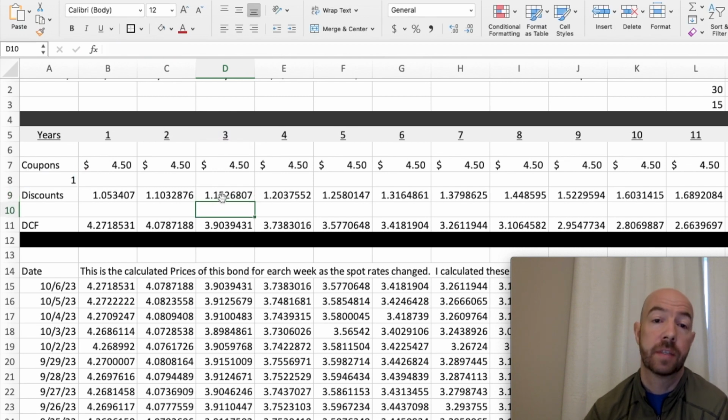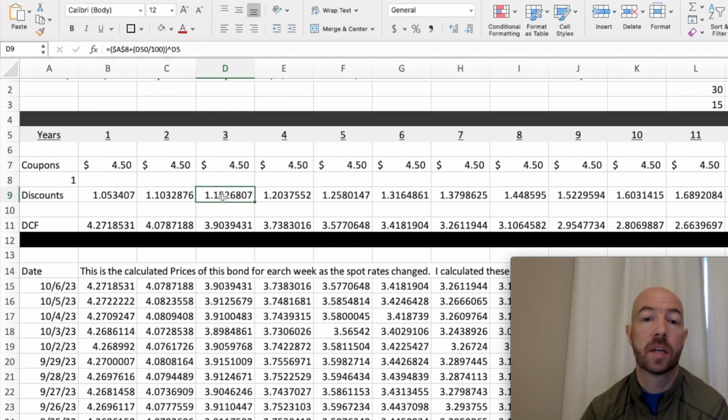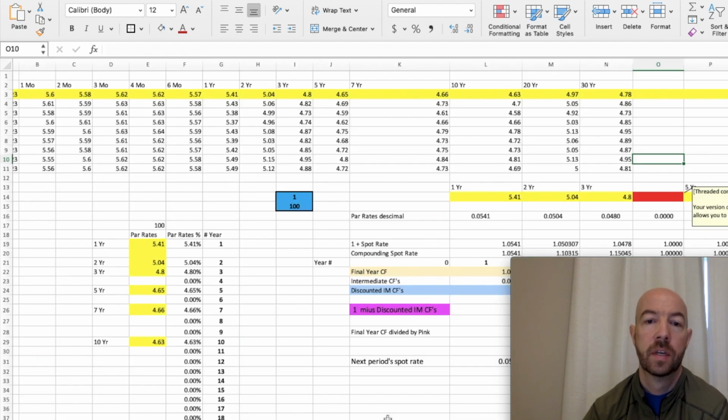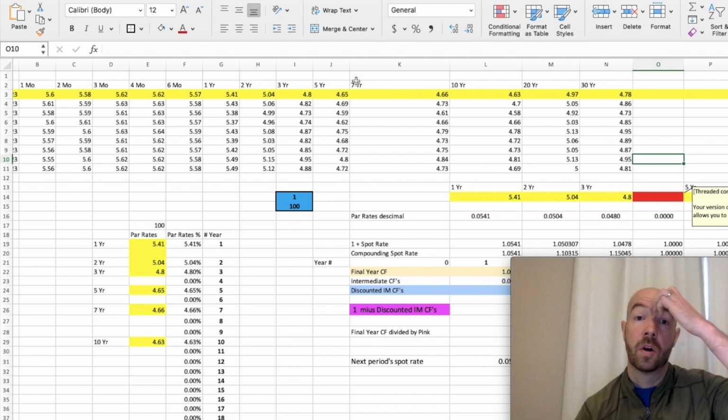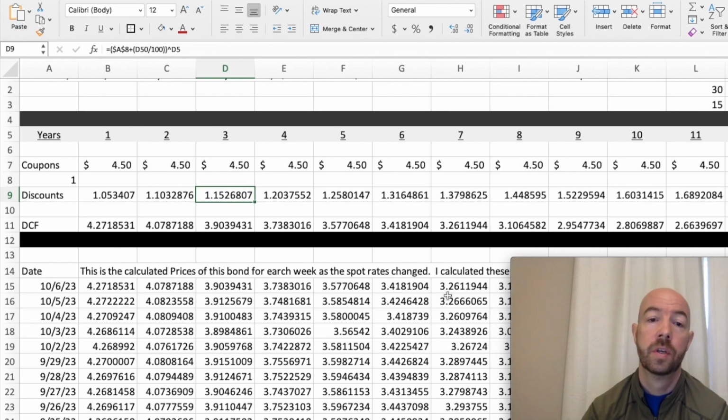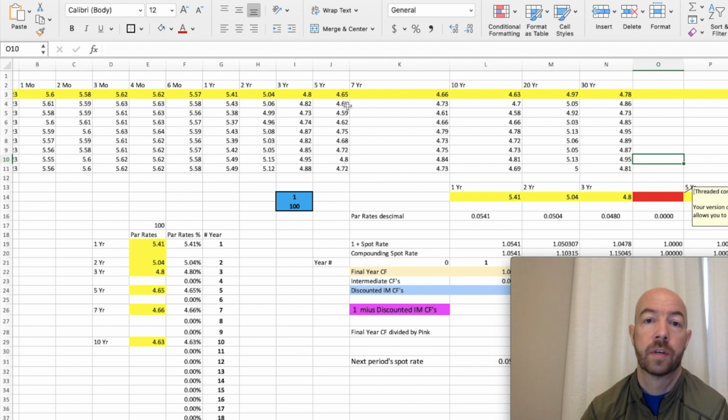And you basically have to take these numbers as gospel because there's no way you're going to be able to calculate that on your own. One, if you didn't have anything to do all day, you could go through this process. But two, a lot of times the par rates are not even given in all the periods that you need. So you almost have to find these numbers calculated by someone else, and they're going to have to extrapolate or whatever.